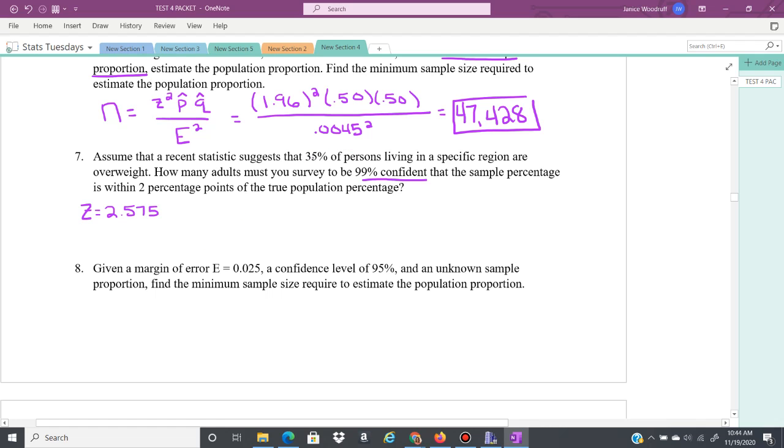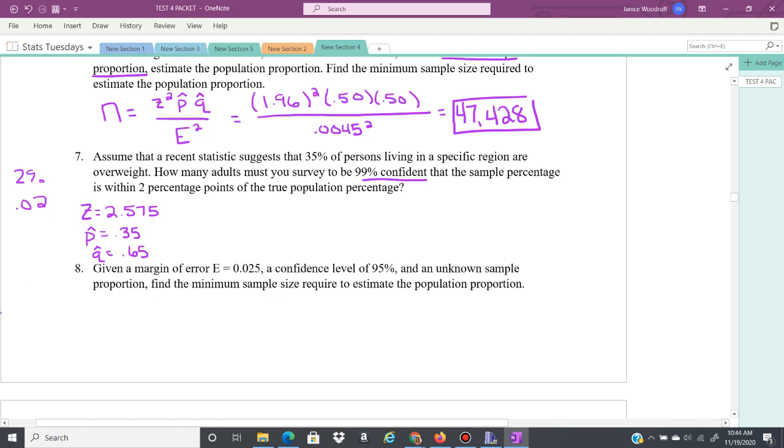Okay, 35% of people are overweight. That is your p hat, which means your q hat is 0.65. And then our E here, we want to be within 2 percentage points. So 2% as a decimal is 0.02.